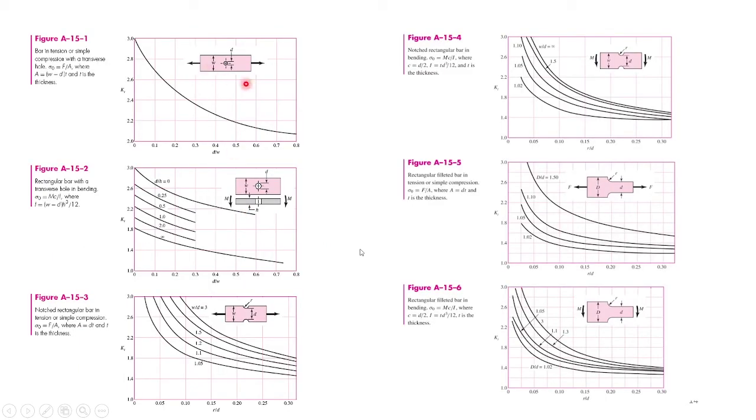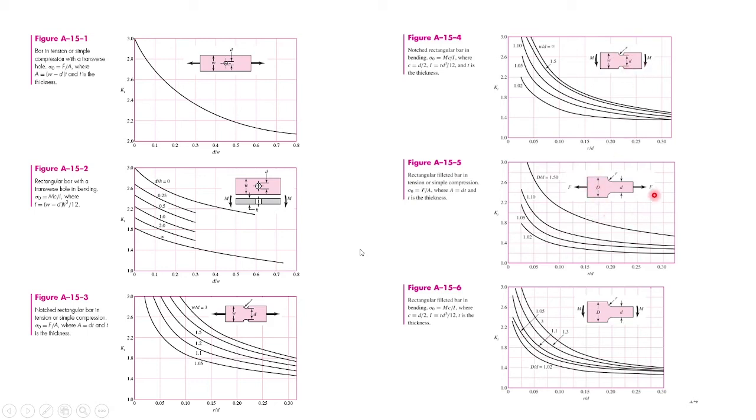For example, this is the example that was here, the same example, a plate with an internal hole, but instead of axial load I have bending. Here, a notch with a fillet radius. Of course, this is an axial load. Here also a notch with a fillet radius but in bending.